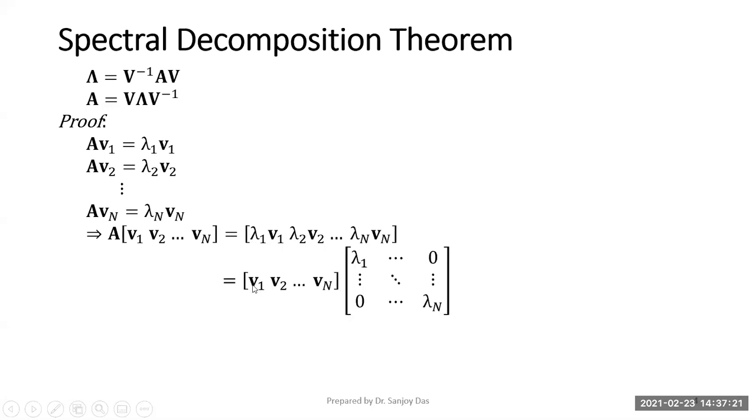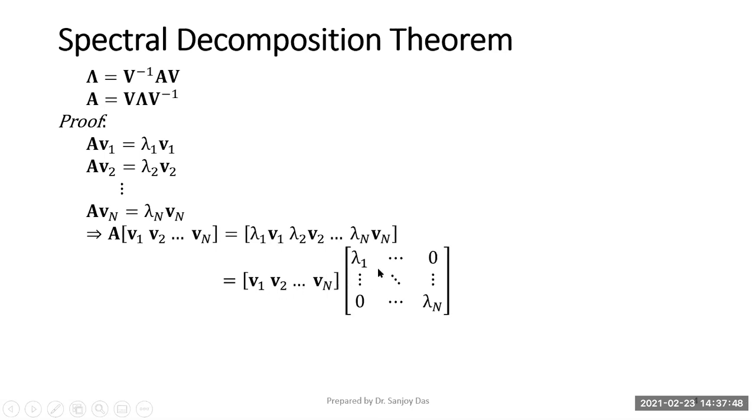The first column is v1 lambda 1, which is lambda 1 v1, plus all these other elements in the first column are 0. So v2 until vn, they're all getting multiplied with 0. So we are left with v1 lambda 1, which is lambda 1 v1. The second column here is v1 times 0, then we would have lambda 2, right?